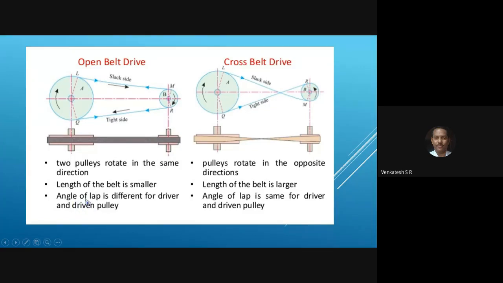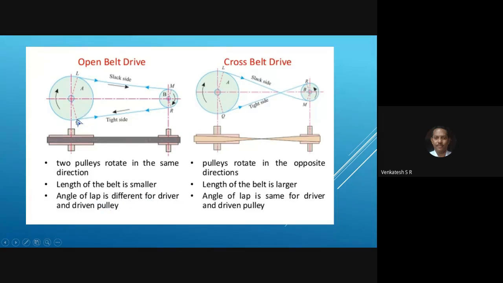Write down: angle of contact or angle of lap is different for driver and driven pulley.